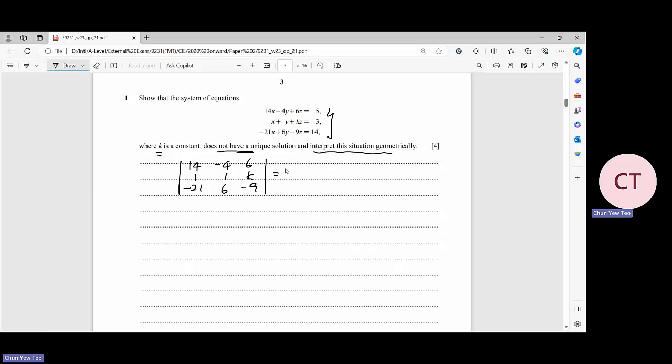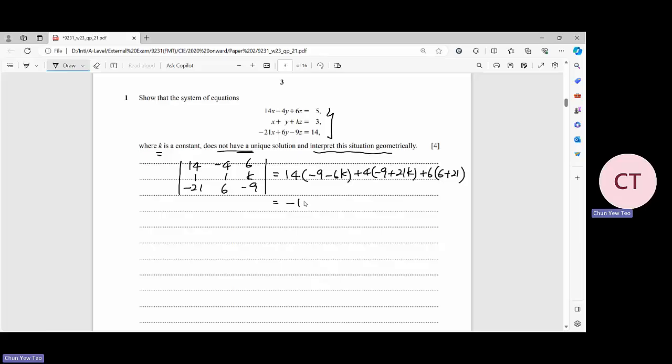You cannot say it is equal to 0. You need to show it is equal to 0. So we just need to find the determinant. It will be negative 9 minus the 6k, plus the 4 of negative 9 plus the 21k, plus the 6 of 6 plus 21. So just use your calculator, expand everything.